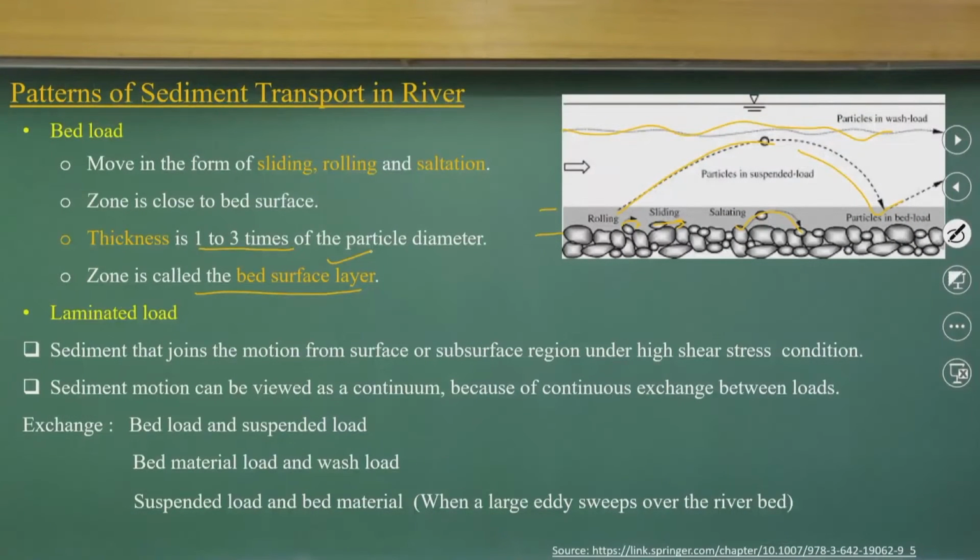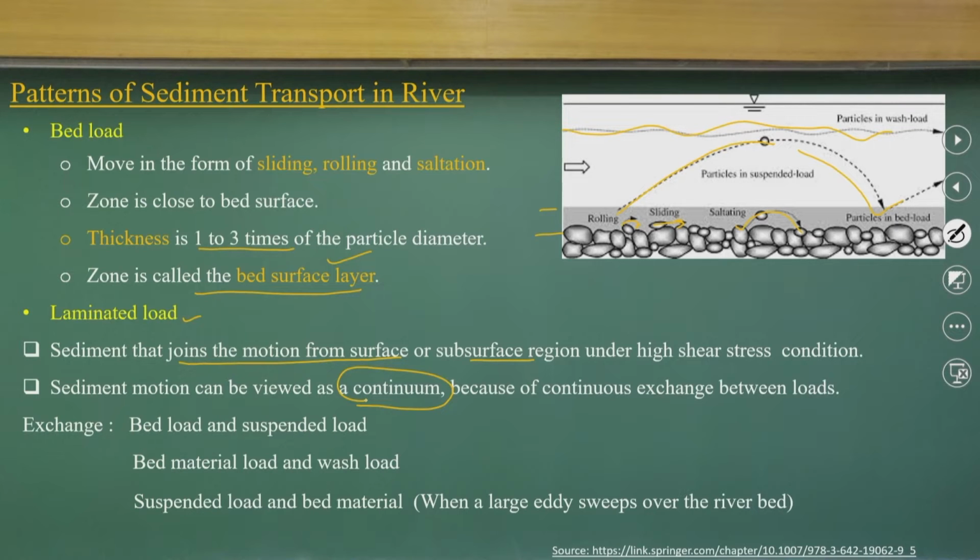The laminated load, with the sediment, joins the motion from the surface and subsurface region under high stress conditions. If you have very extreme flow conditions, that is what happens. And as it says, we cannot separate the sediment motion between suspended load and bed load.